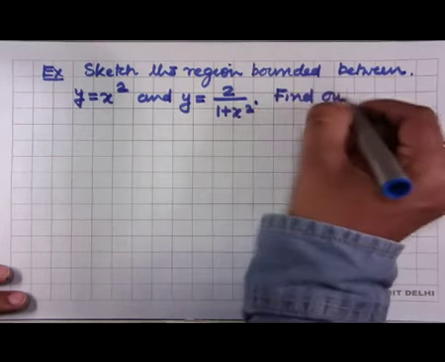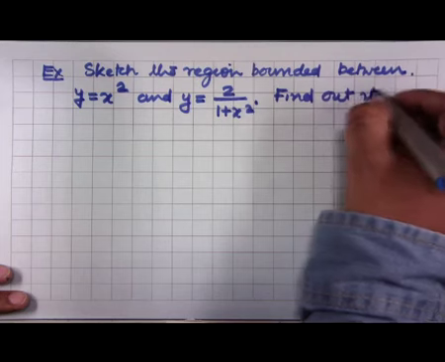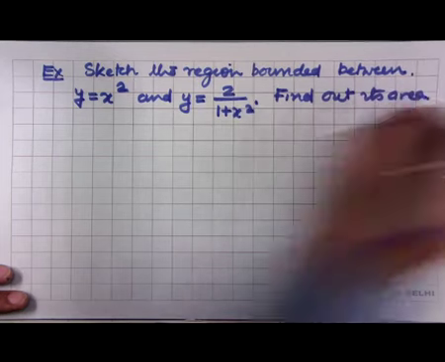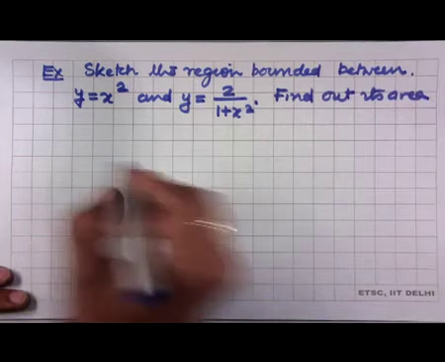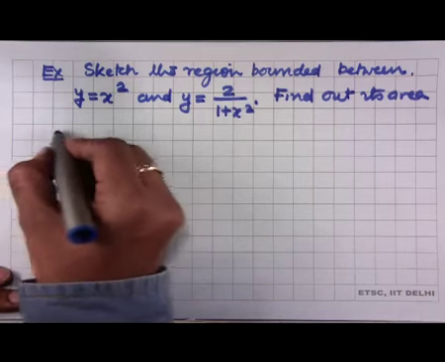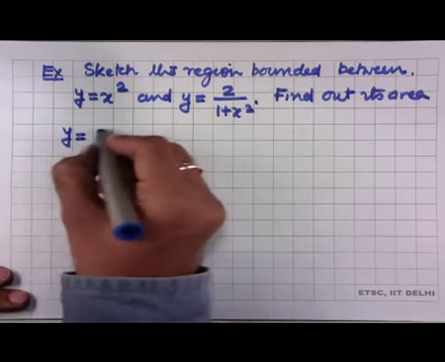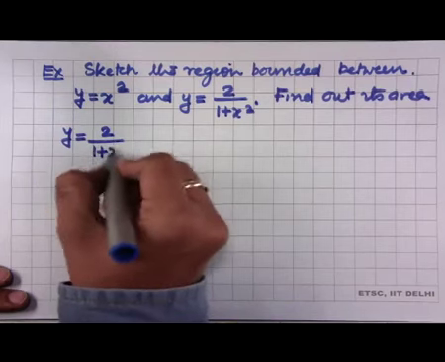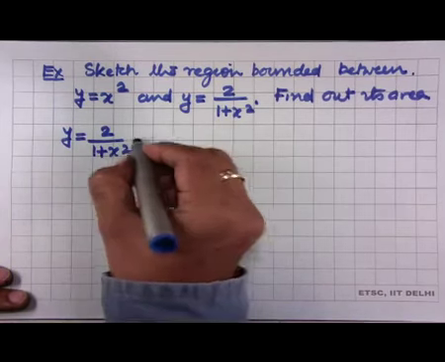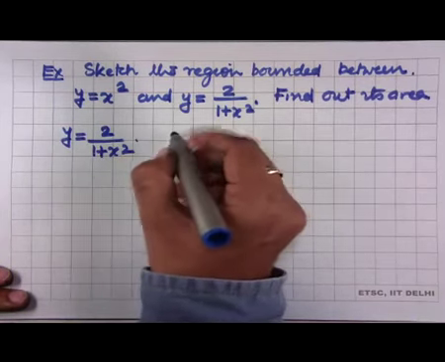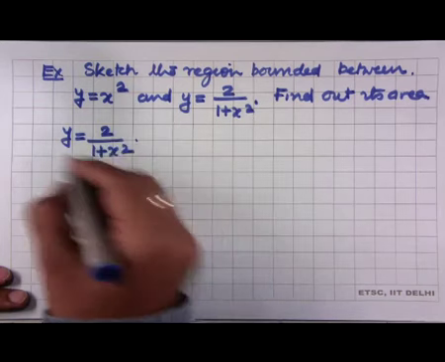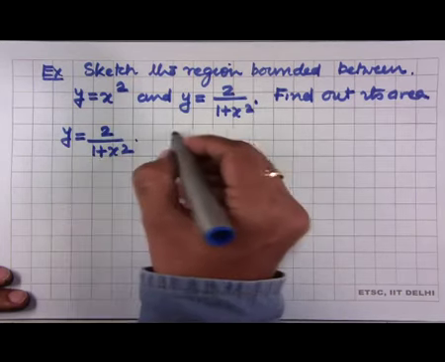Find out its area. So let us first plot y equals 2 by 1 plus x square. Though we have plotted it earlier, let us plot it in more detail.